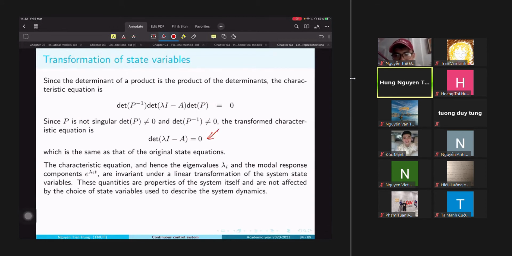This means that the eigenvalues don't change when we change to different state variables.